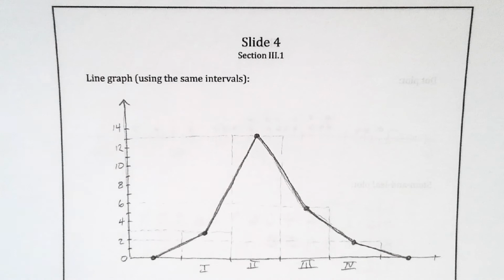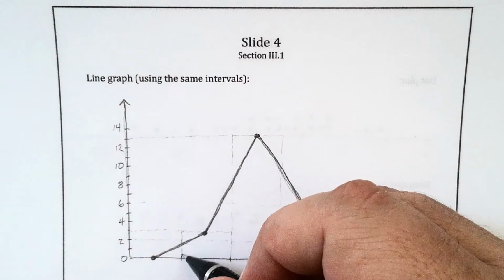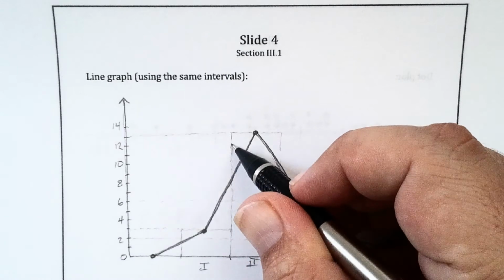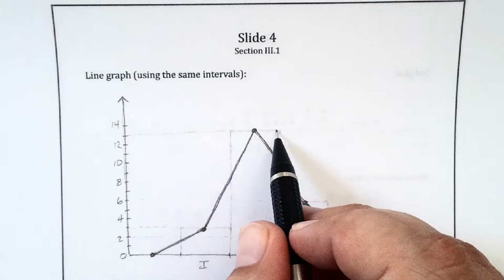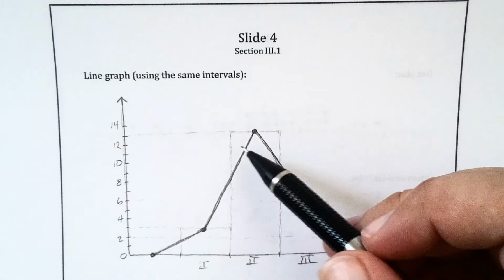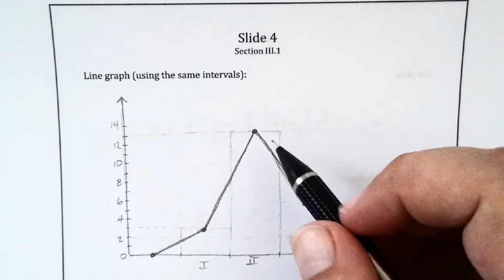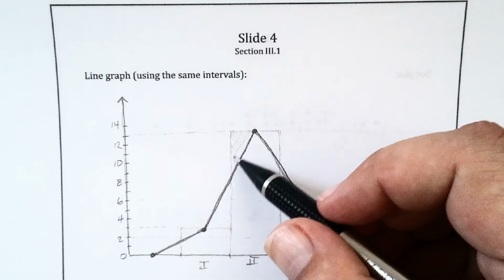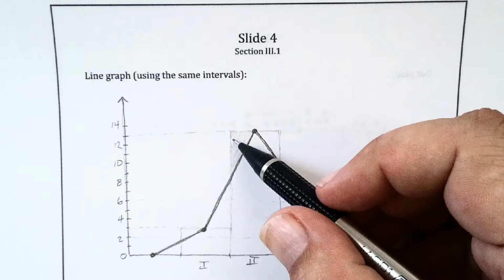And notice that if I take these little imaginary bars that I had for my histogram, and I imagine using the lines that I just drew to chop off the corners of the rectangles, like maybe this rectangle. I'll shade it in really lightly so it's not part of the graph. I just want to show you the geometry of it.